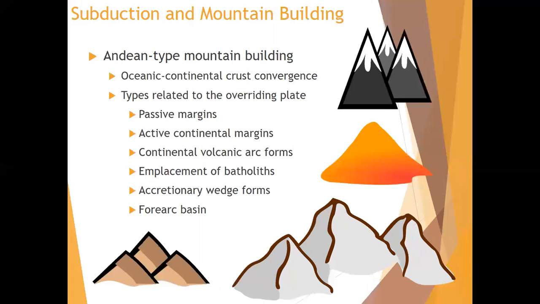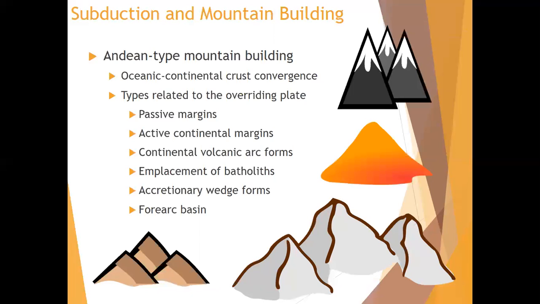A continental volcanic arc is going to form, so this is going to be on the continent itself. Because your oceanic lithosphere is descending, partial melting is occurring, magma is being produced, and instead of forming a volcanic island arc, you're forming a continental arc because you have a continental plate, not an oceanic plate. Batholiths will form.